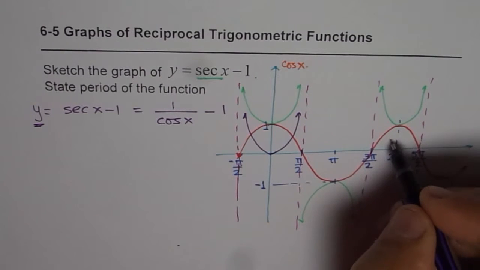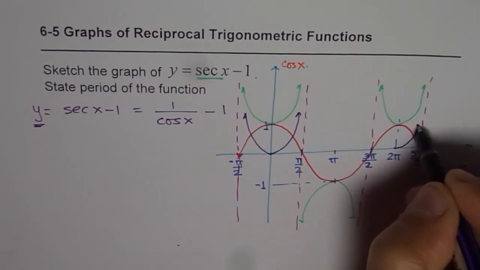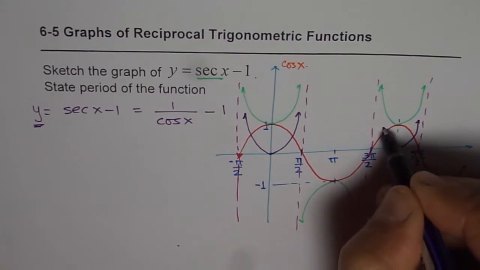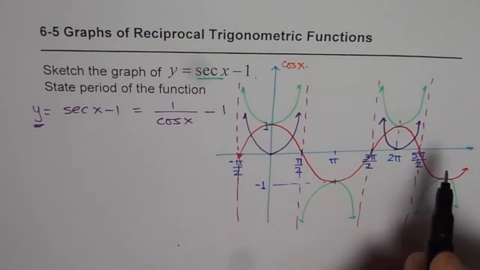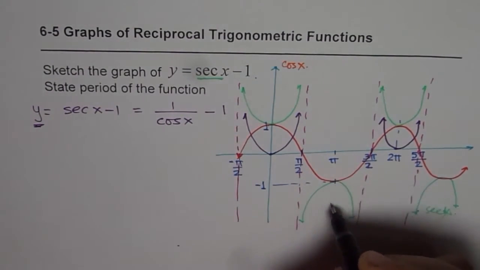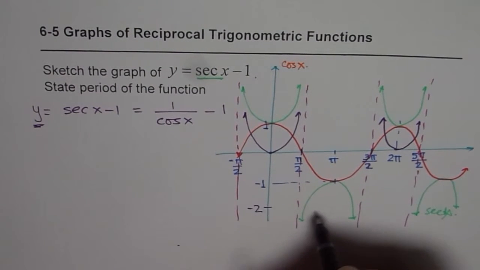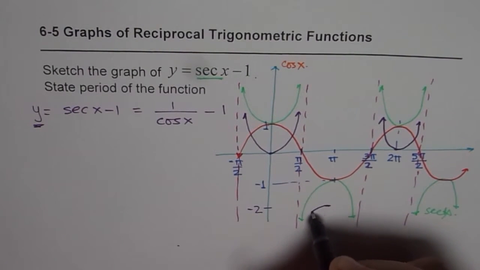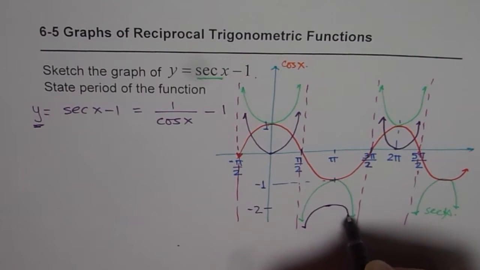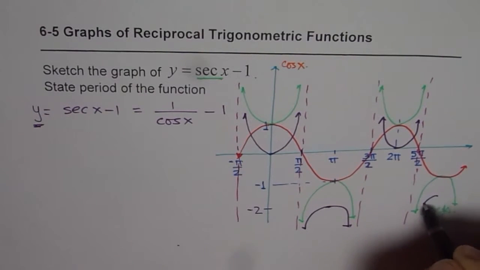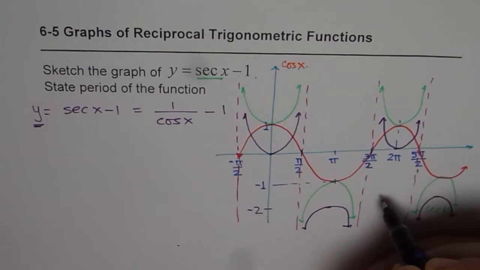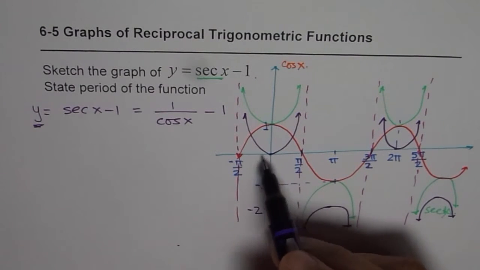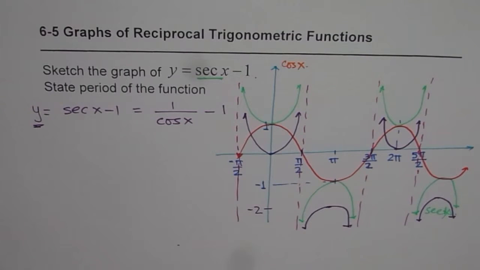Bring down each part of secant x by 1 unit, so that you get y equals secant x minus 1. This negative part, let us say this is minus 2, will be here. Since I'm running out of page, I made it shorter, but you get an idea, right? So that is the function which we have.